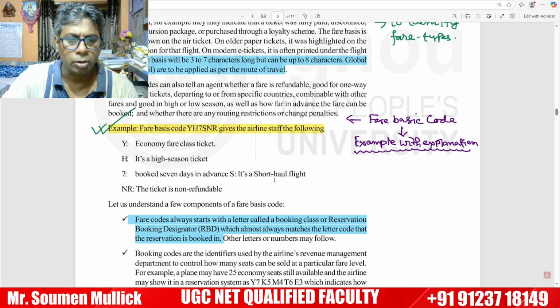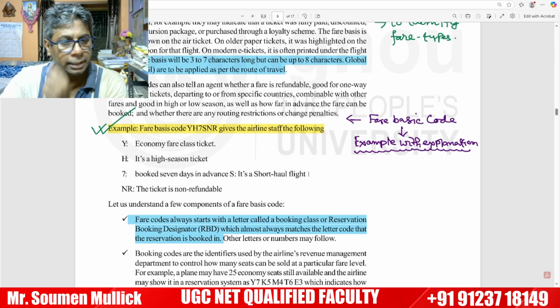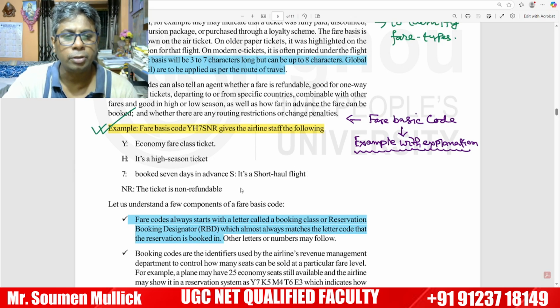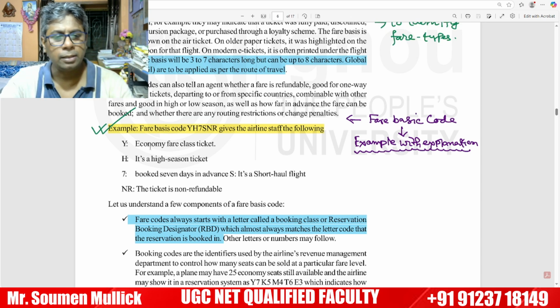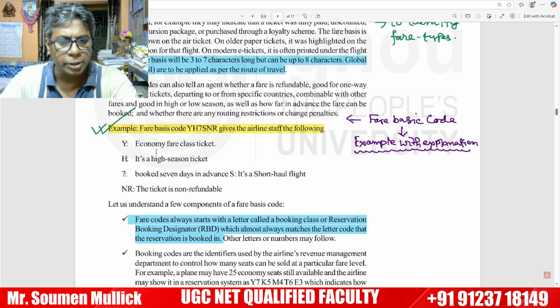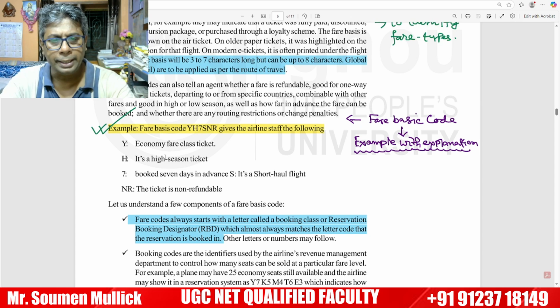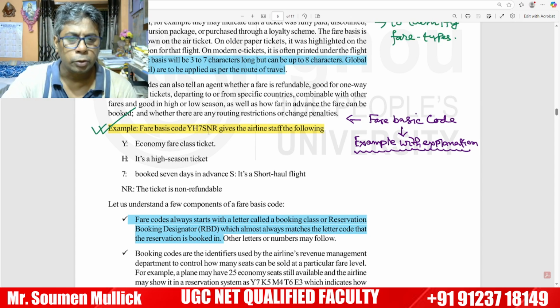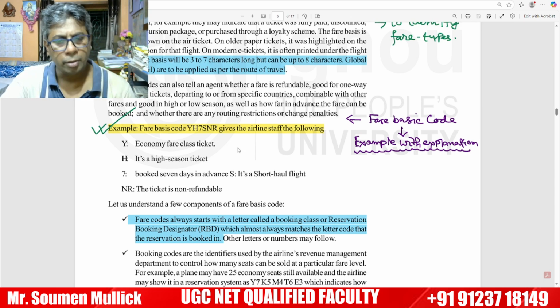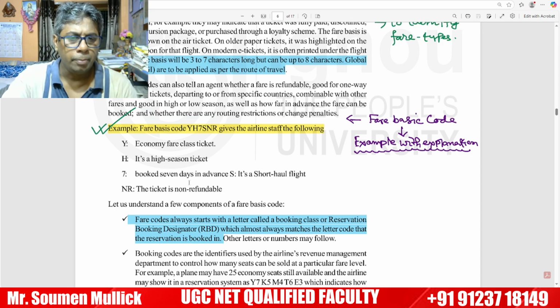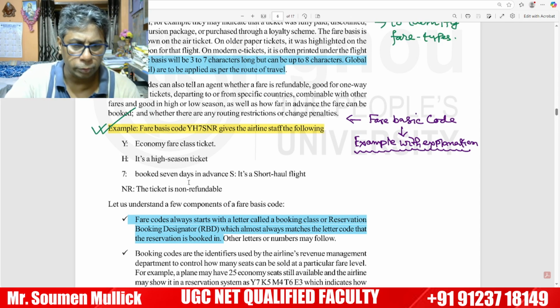NR means the ticket is non-refundable. So these are the abbreviations in YH7SNR. This is very interesting. Through this code, the travel agent can easily understand the meaning of the fare basis code.